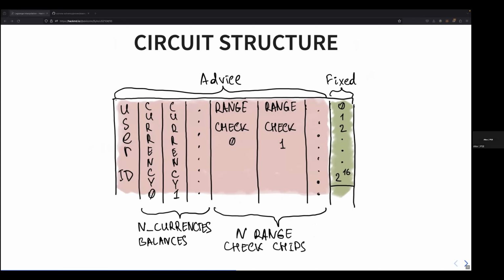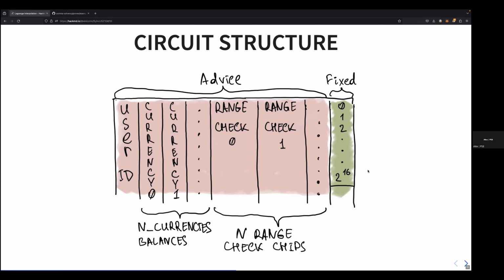So imagine that here you have only one row of user balances for each currency, but you need to range check that value against this fixed column that is filled with 2 to the 16th number of values. So it's definitely a huge overhead.